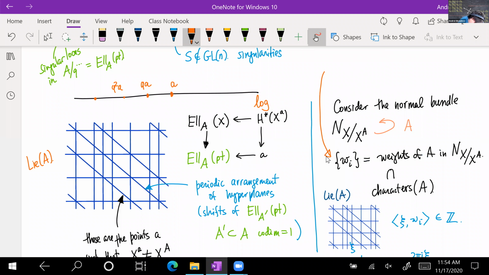This is some finite set of characters of a torus, so it makes sense to call them roots, and this may be called equivariant roots, roots for X, maybe.